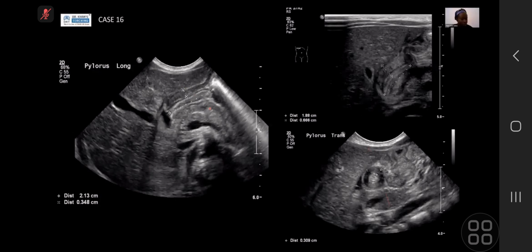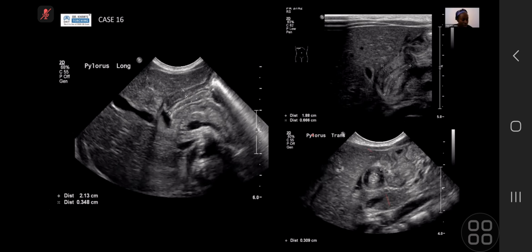And this will be a long-axis view of the pylorus. And we can see that the single muscle thickness, so if you measure just the hypoechoic muscle to the edge of the hypoechoic region, is over 3 millimeters. The length of the pylorus itself is elongated, as candidate 3 said. And then when we do it in transverse, we get this donut sign here.